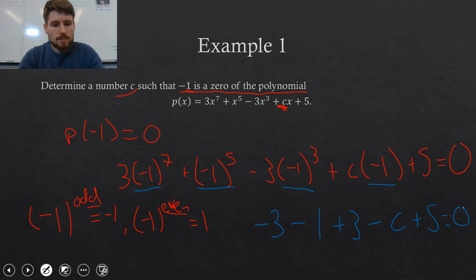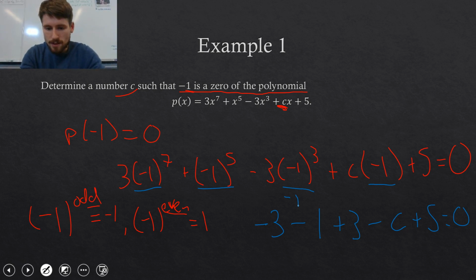So 3 times -1 to the 7th is -3, plus -1 to the 5th, that's -1, minus 3 times -1 cubed is +3, because you have a -1 times -3, so it's positive. And then -1 times c is minus c, plus 5 equals 0.